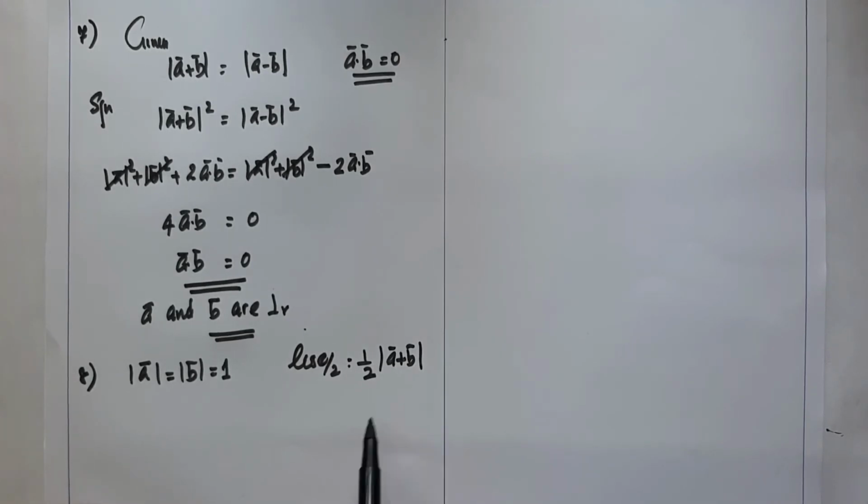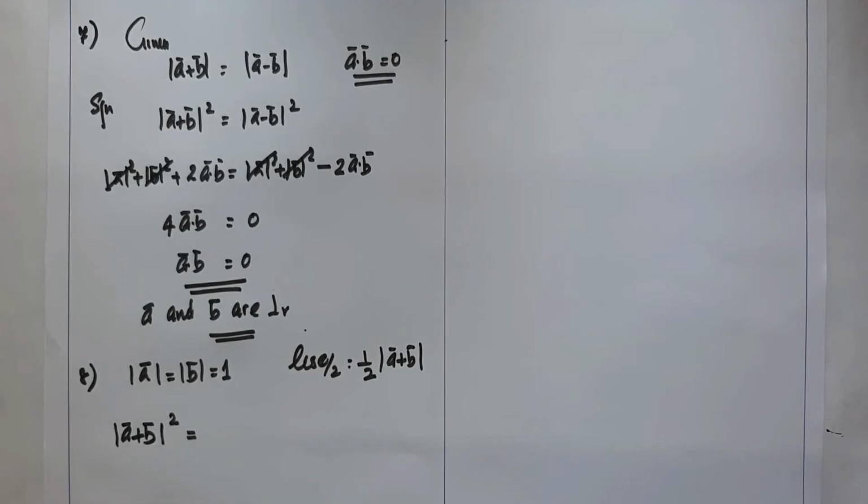Here you take mod A plus B. First of all, you take the square of mod A plus B. Directly, using A plus B values, finding cos theta by 2 is not possible. Squaring is a simple method.